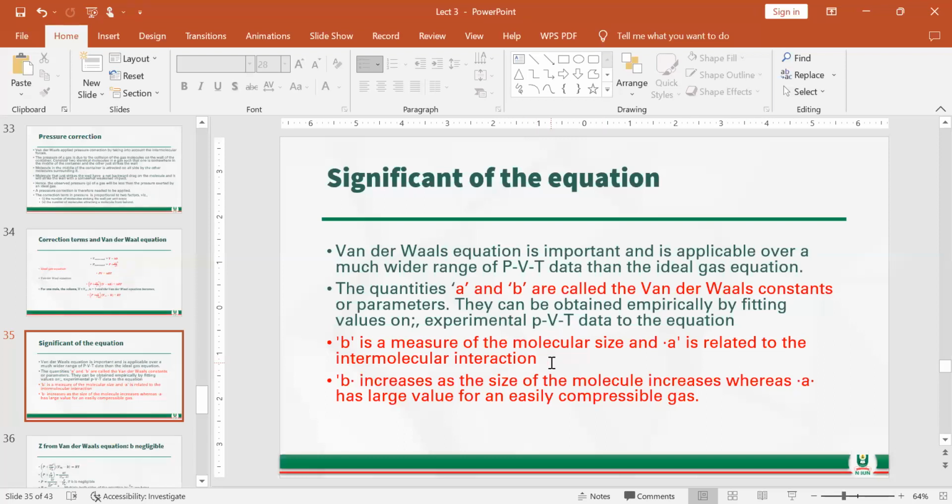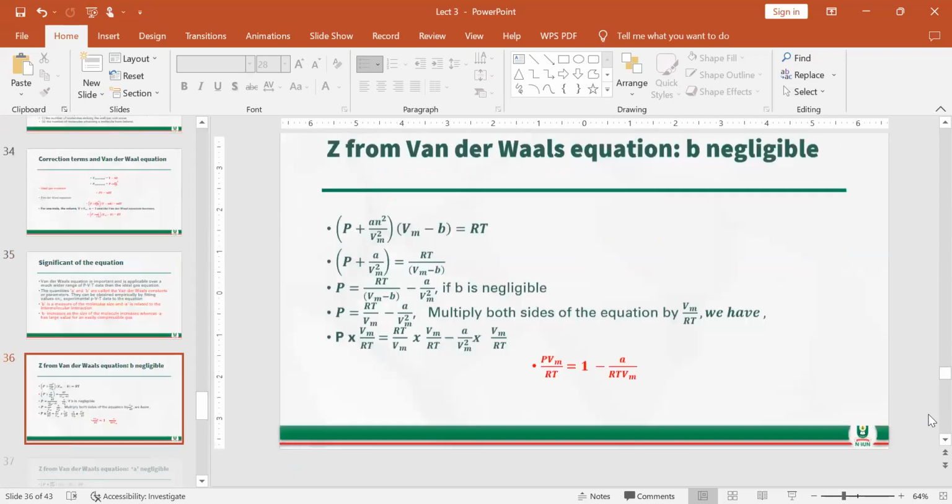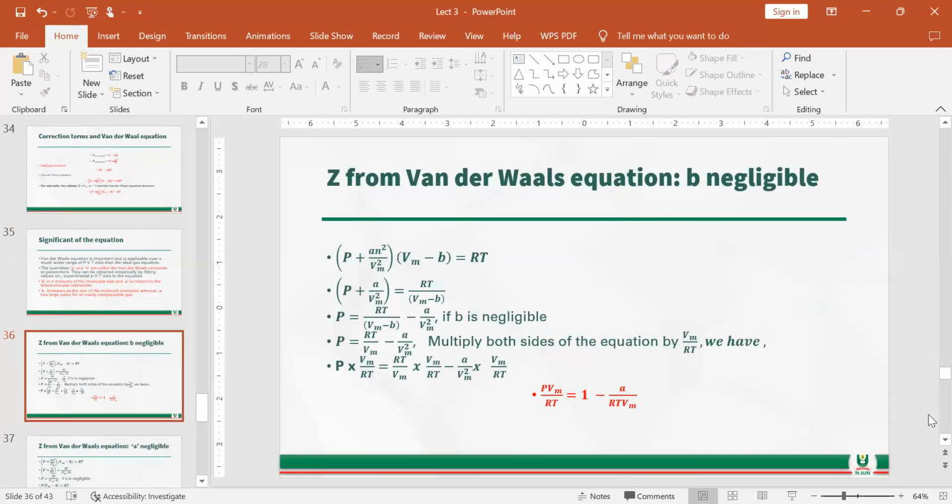So b is a measure of molecular size because it is concerned with volume, and a is related to intermolecular interaction, that is, due to pressure. b increases as the size of the molecule increases, whereas a has a large value for an easily compressible gas. So take note of that: a large value of the van der Waals constant a when the gas can easily be compressed.